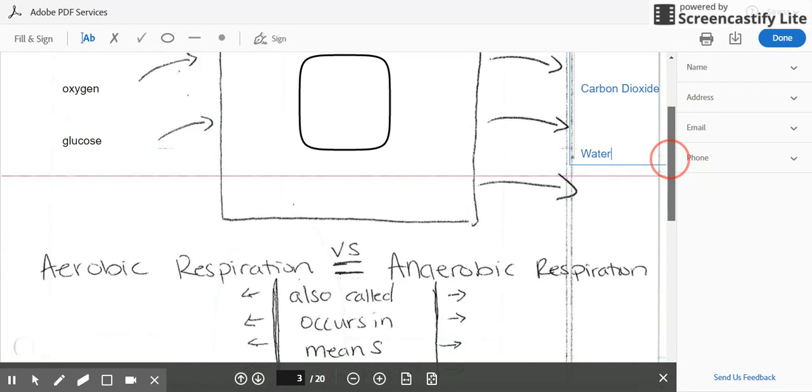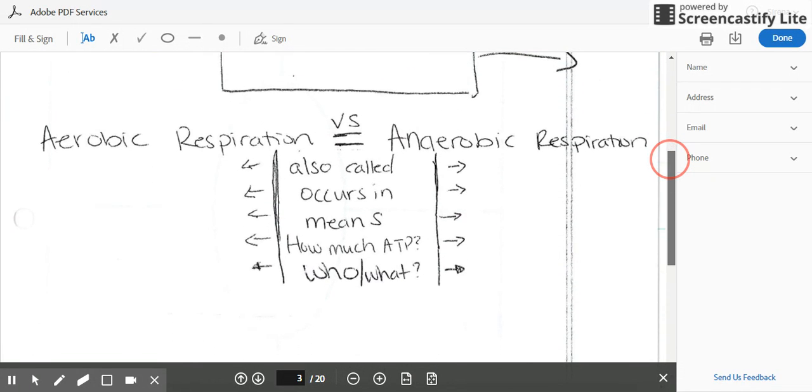We are going to start with something new. There are two types of cellular respiration. One is aerobic respiration and one is anaerobic respiration. This word right here, an, actually means without.